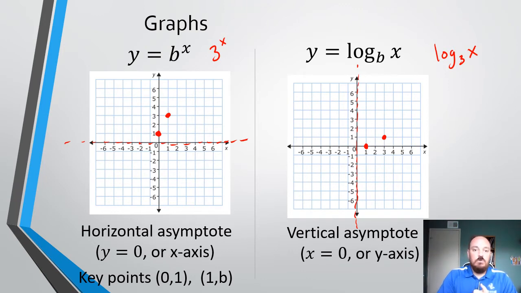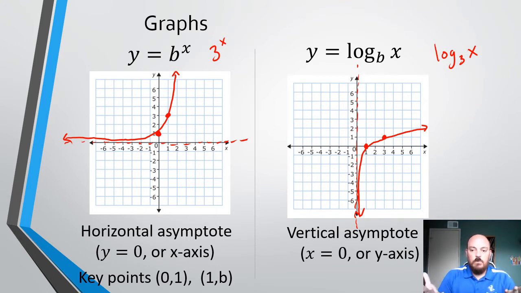Now when you go to draw the graph for both of them, you start at the asymptote and you have that kind of smooth curve shape going through those 2 points. The exponential graph, because it's a horizontal asymptote, starts on the left and curves through like this. The log graph, since you have a vertical asymptote, starts at the bottom and curves like that.